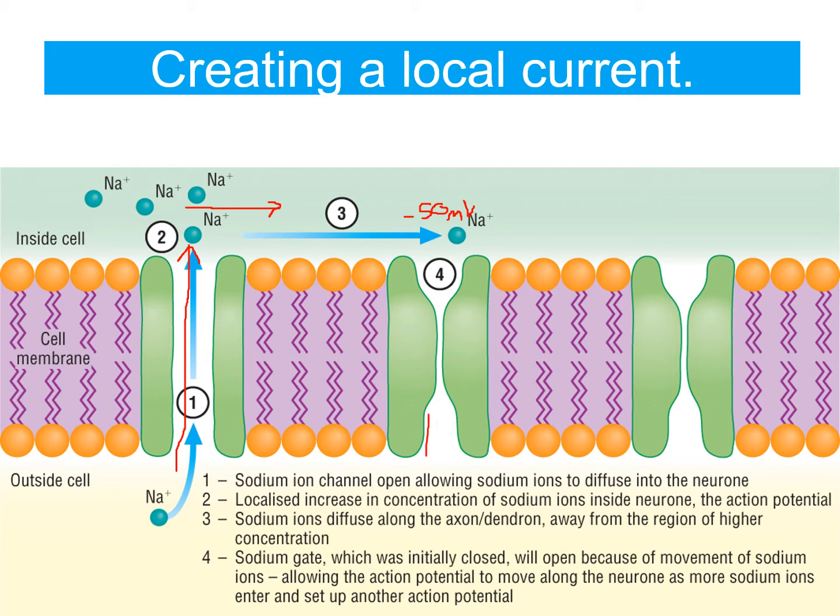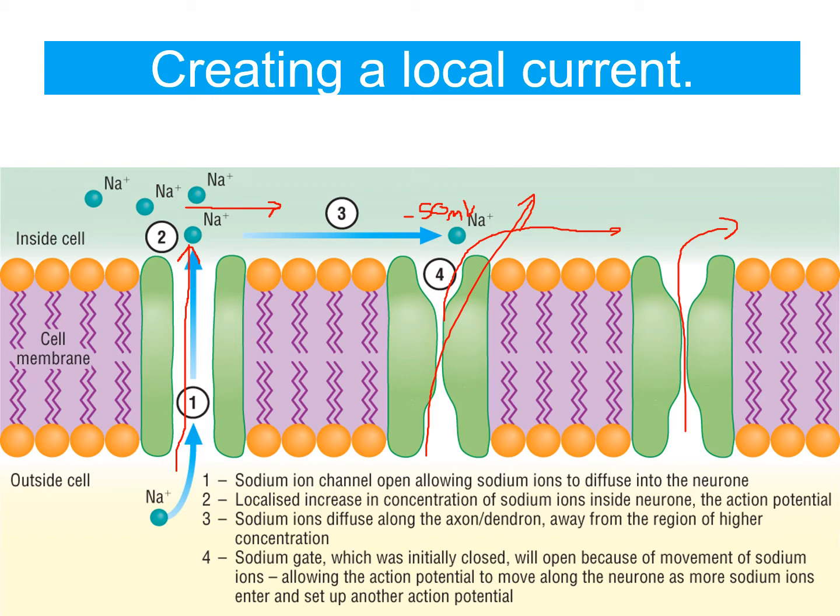That then triggers a load more sodium ions to come in, and the same happens again. Those sodium ions diffuse that way, it gets to -50, it causes the next sodium ion channel to open as well, and then that continues down the axon. So effectively the sodium ion diffuses along the axon from a region of higher concentration to lower concentration, and then the next sodium gate, which is initially closed, opens because of the change in charge due to sodium ions moving along, and that opens up again.